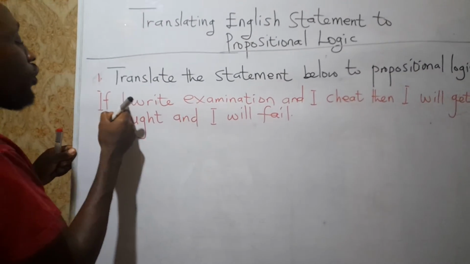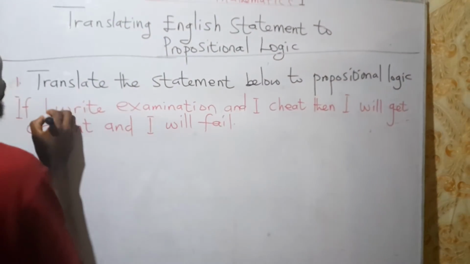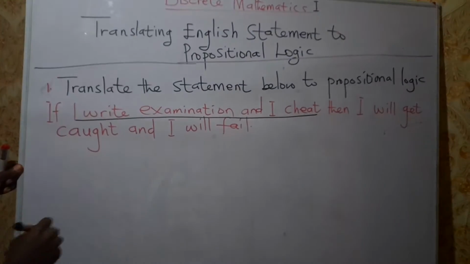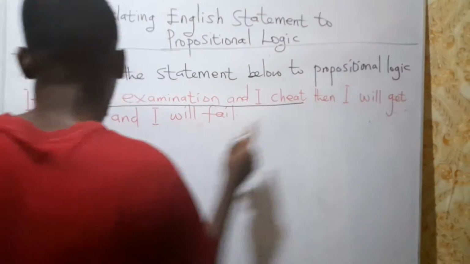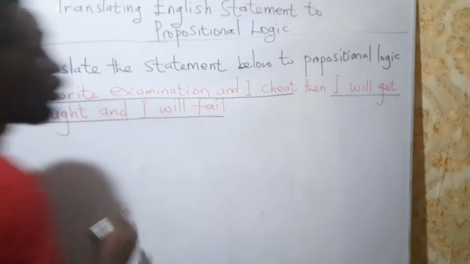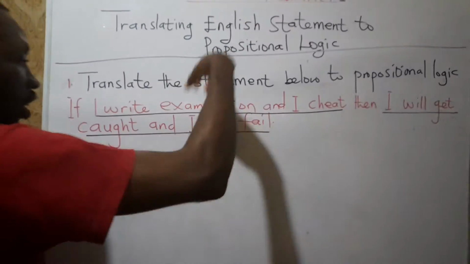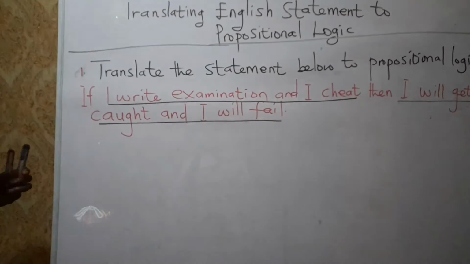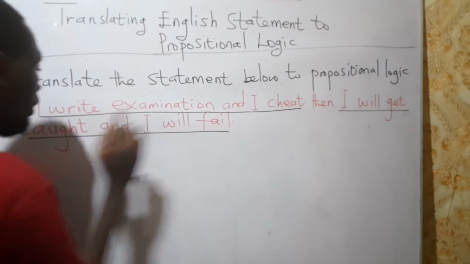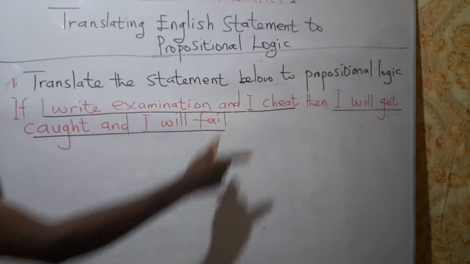Look at it. If I write examination and I cheat is one aspect of a conditional statement. Then I will get caught and I'll fail becomes another aspect. So we know that this becomes the condition. Now in them, there is also another propositional logic. Look at it. I write examination and I cheat. There is a propositional logic here, and, which is a conjunction.